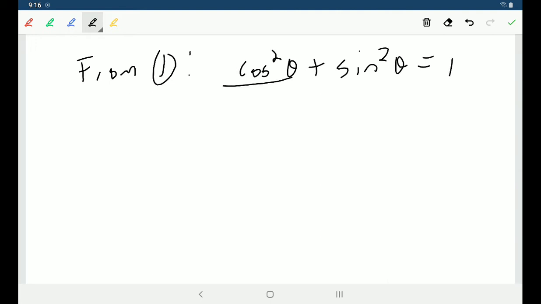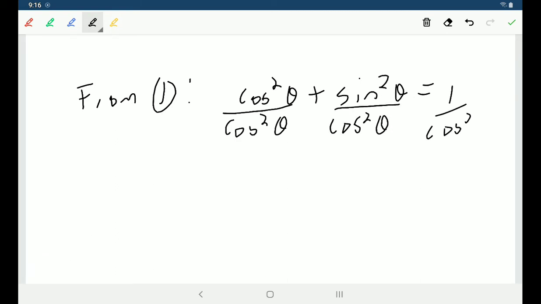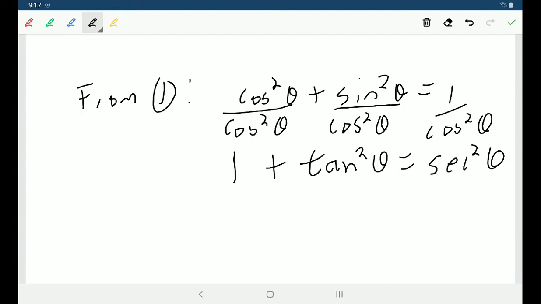If I divide everybody by cosine squared theta, cosine squared over cosine squared is 1. Sine over cos is tangent, so sine squared over cosine squared is tangent squared. 1 over cosine is secant, so 1 over cos squared is secant squared theta, and there we go, that is the third identity.